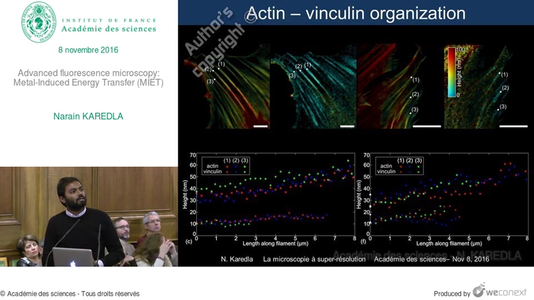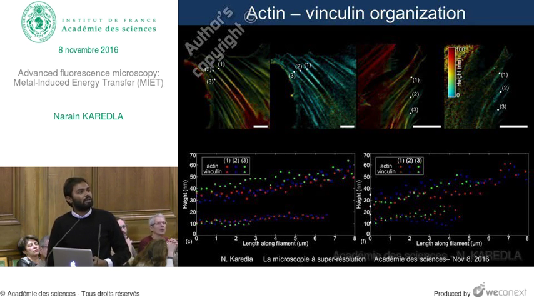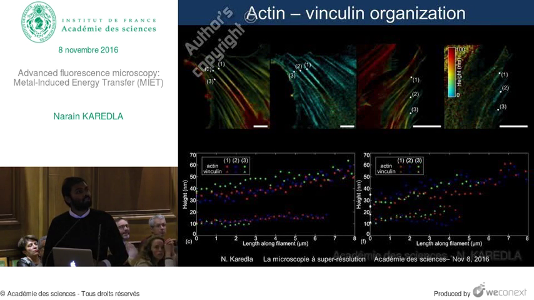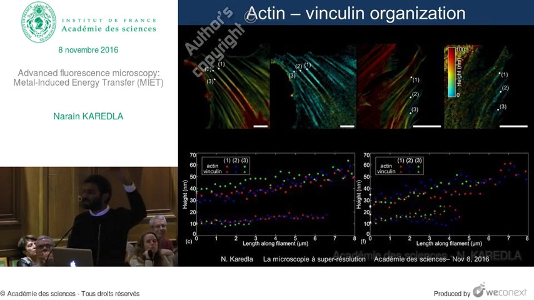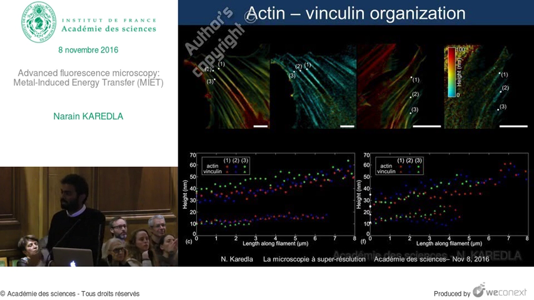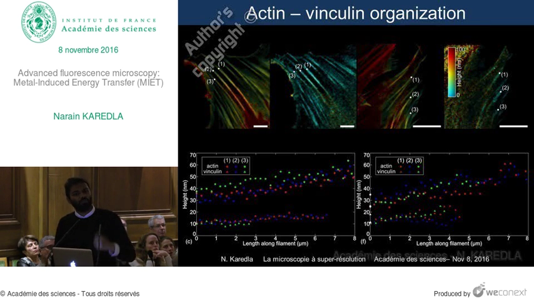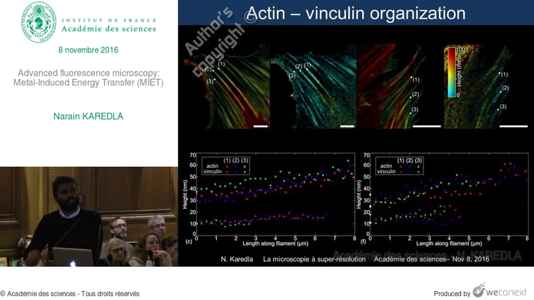So if I plot the lines of three stress fibers along the length, with the vinculin and the actin protein labeled, as you can see, the height for the actin is higher and it increases. So you can also measure the height of your actin fiber that is forming this focal adhesion here. This is the data for 12 hours, and this for the 24 hours after the cell has been deposited on the surface.